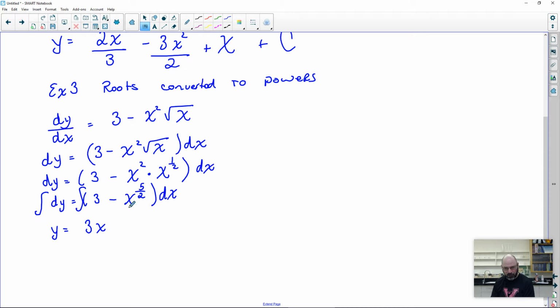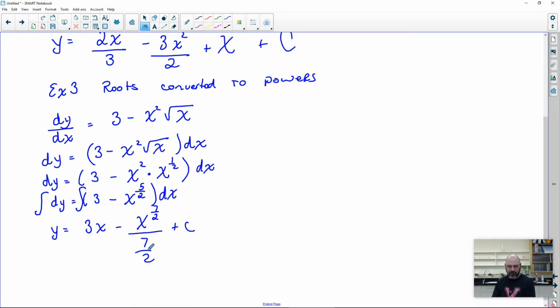So we've got to add 1 to it. So x, adding 1 to 5 over 2. So 1 is 2 over 2. If we add 2 over 2 to that, it's 7 over 2. And then we have to divide by 7 over 2. And we have to add c.